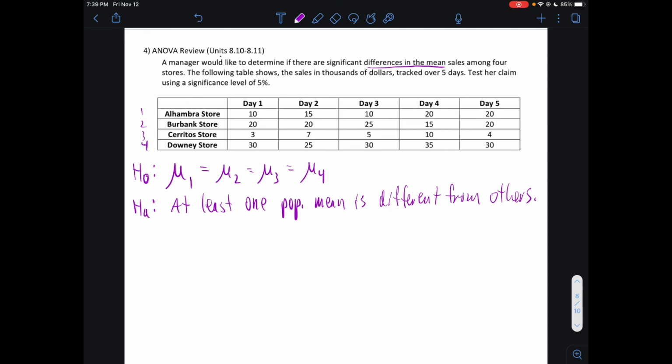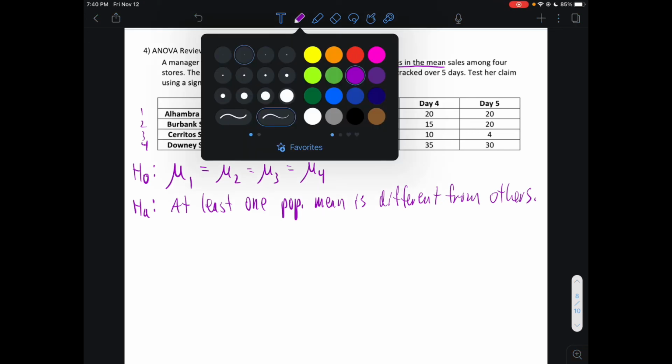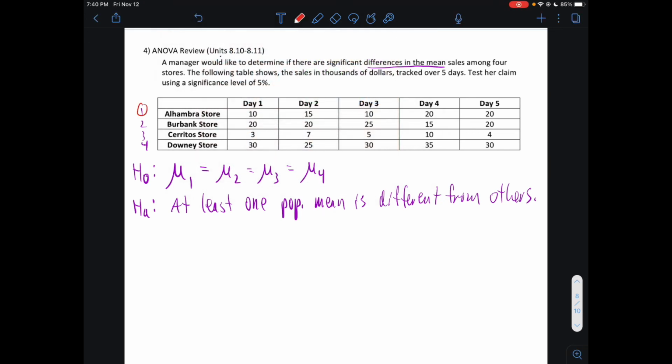So while it looks like I have 5 columns of data here, I'm not going to enter them the same way that I have my numbers here. I've got 4 stores. So list 1 is going to be all of the data from the first store. List 2 is going to be all of the data from the second store, and so forth. Okay, so keep that in mind.